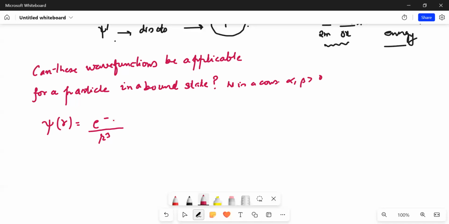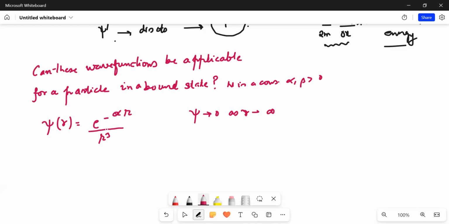Do you think that this particular wave function represents a bound state? Indeed, you can see that this wave function goes towards 0 as r tends to infinity. Understand that whenever you have this exponential, because alpha is positive, this is 1 upon e raised to power alpha r cube in the denominator, so indeed it goes to 0 as r tends to infinity.